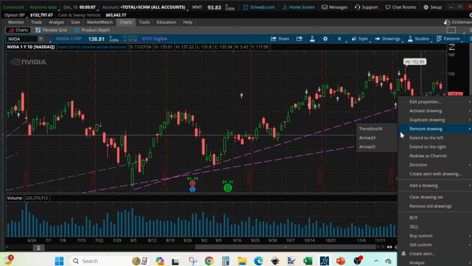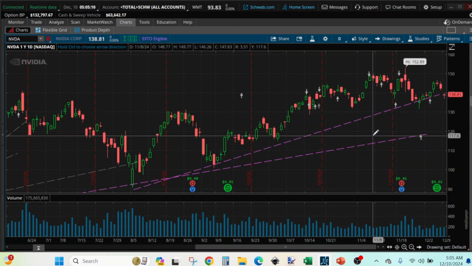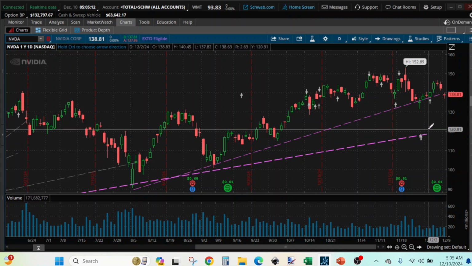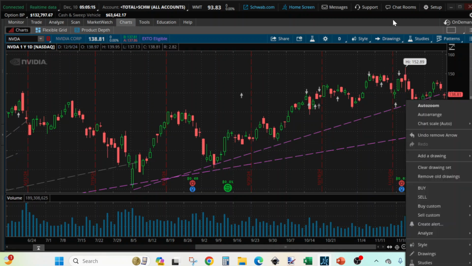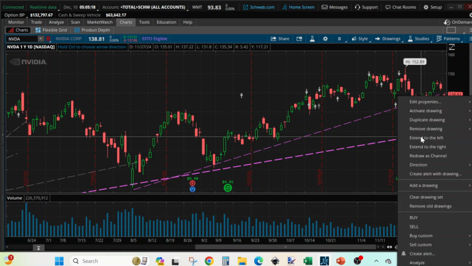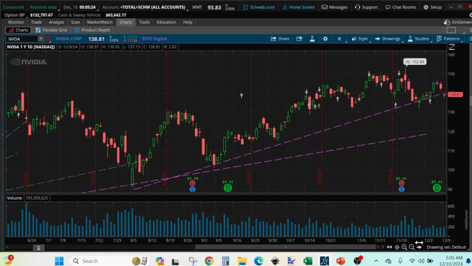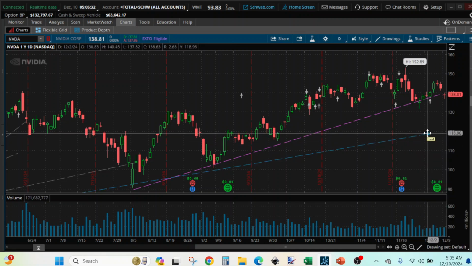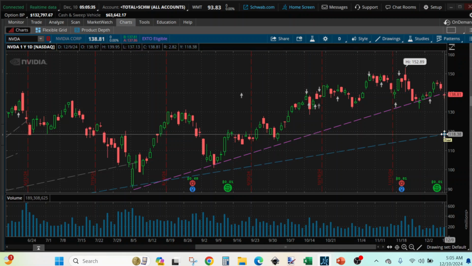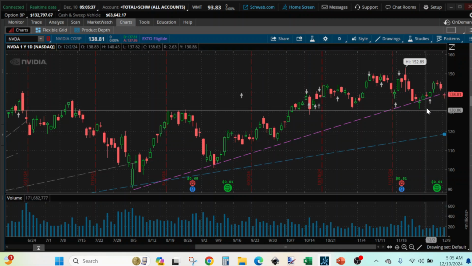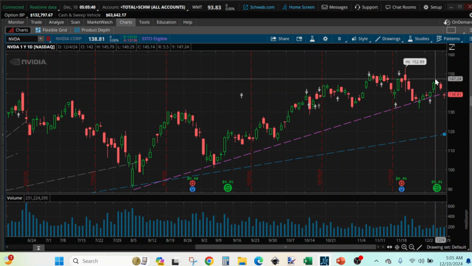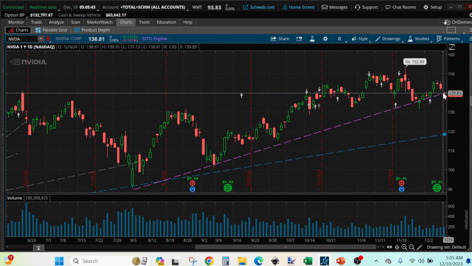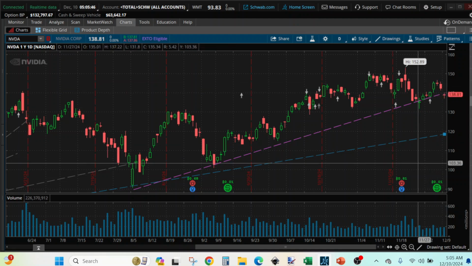Let's just take that arrow out of there. And let's change it to bar, because I don't want those arrows, I like to trace this one longer. Okay, so we bought it already, and as you can see, it went up a little bit and pulled back to that line again, and we'll just observe it.